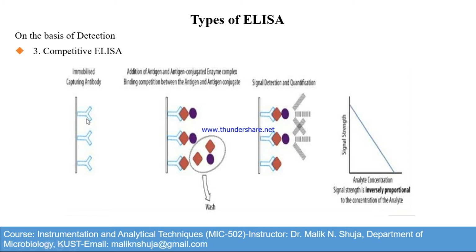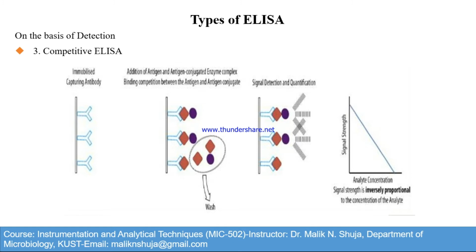For example, a competitive binding assay is based upon the competition of a labeled and unlabeled reagent for a limited number of antibody binding sites. Only one antibody is used in competitive binding ELISA. Competitive binding assays are often used to measure small analytes.